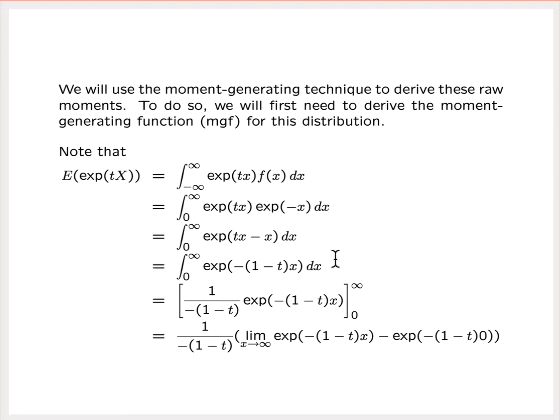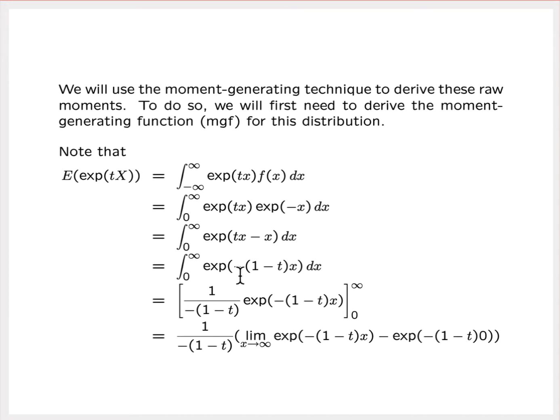distribution. So the integrand here can be rewritten as the exponential function evaluated at negative quantity 1 minus t times x. So if you distribute the negative 1 here across this difference, and if you distribute the x across, then you'll get, again, tx minus x.